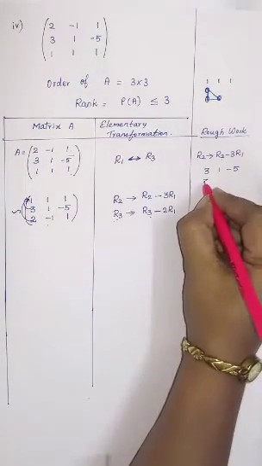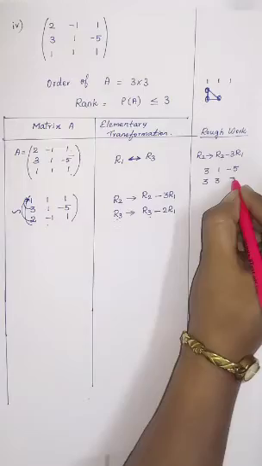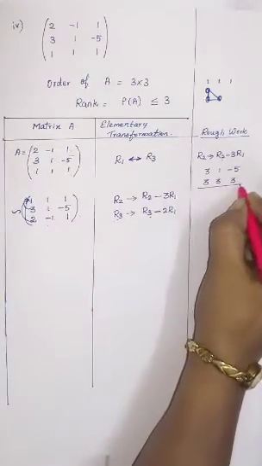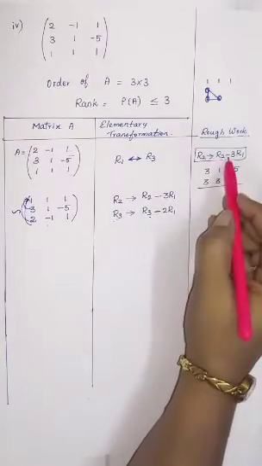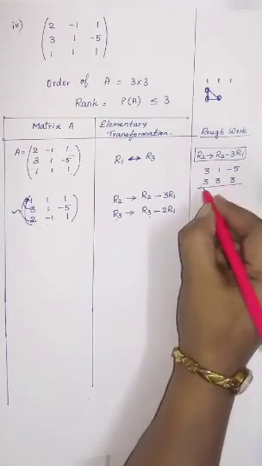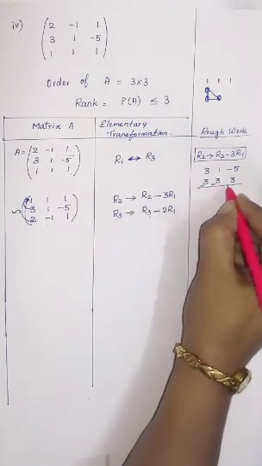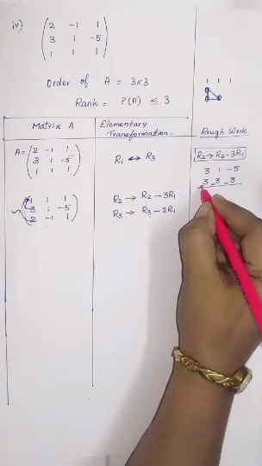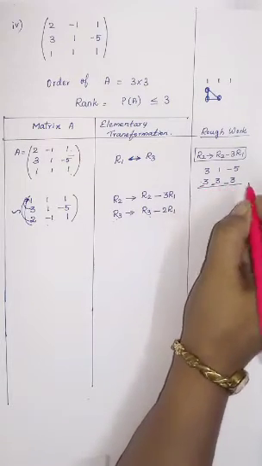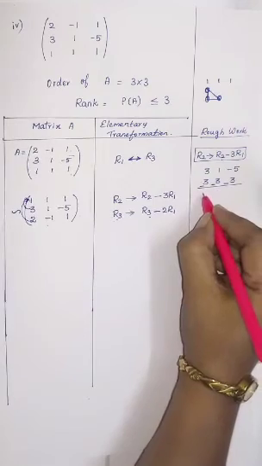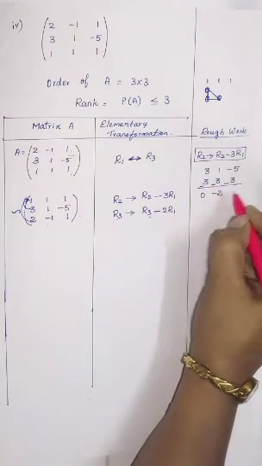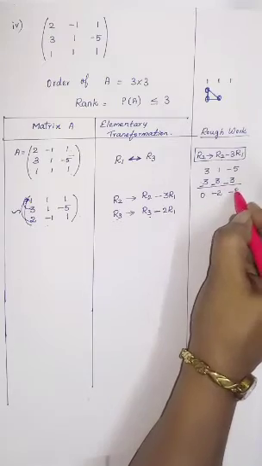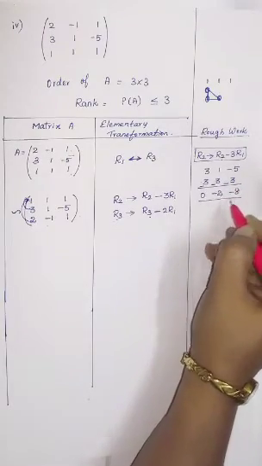So I'll write that 3 3 3. Now we'll have to subtract this. For the second row you'll have to change the symbols, because plus becomes minus, plus becomes minus, plus becomes minus. So 3 minus 3 you'll get 0, 1 minus 3 is -2, -5 minus 3 is -8. Now this is your row 2.